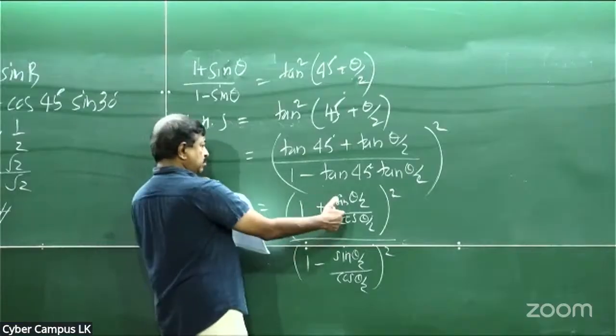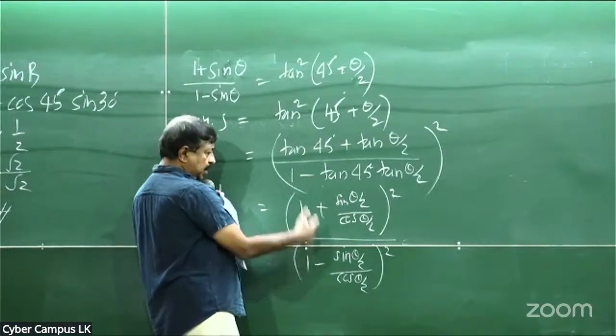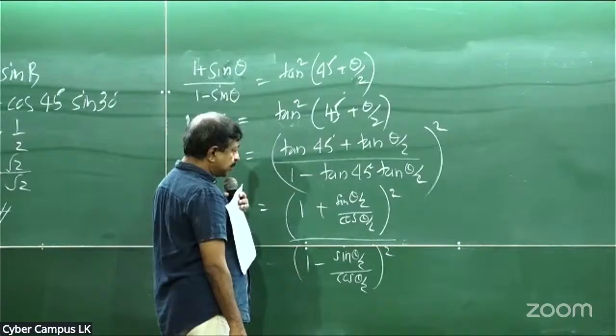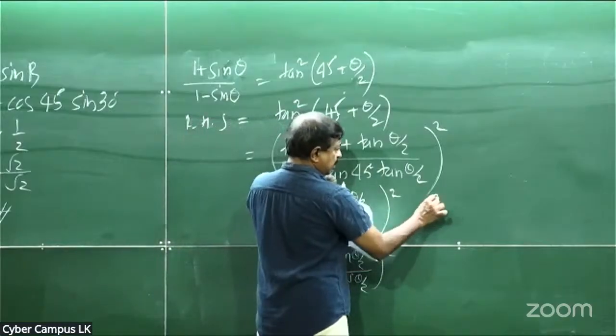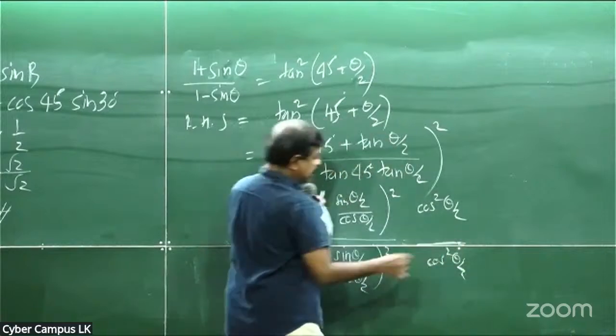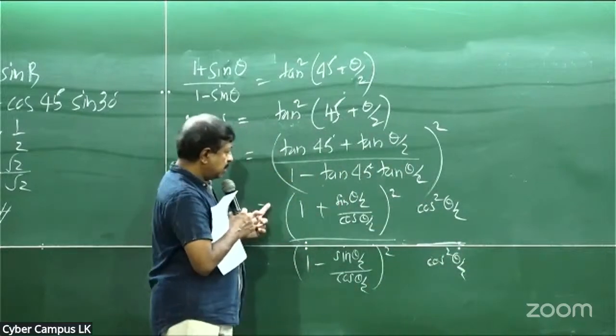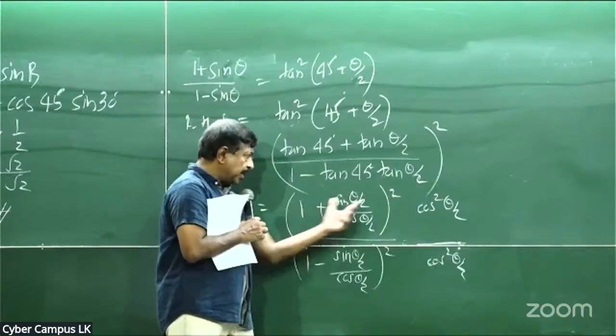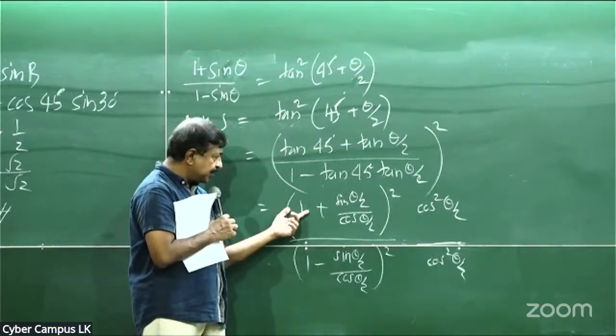Now you can multiply both upstairs and downstairs by cosine square theta over 2. If you bring that inside, it will appear as cos theta over 2.